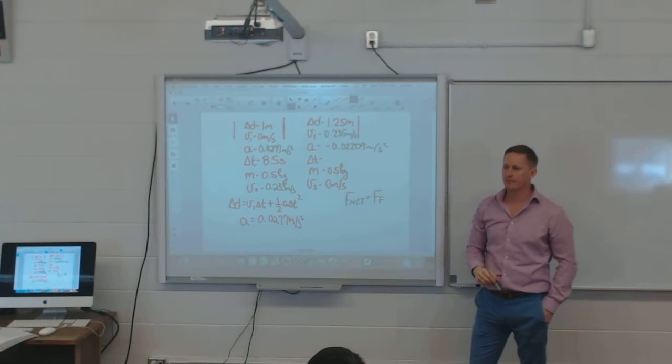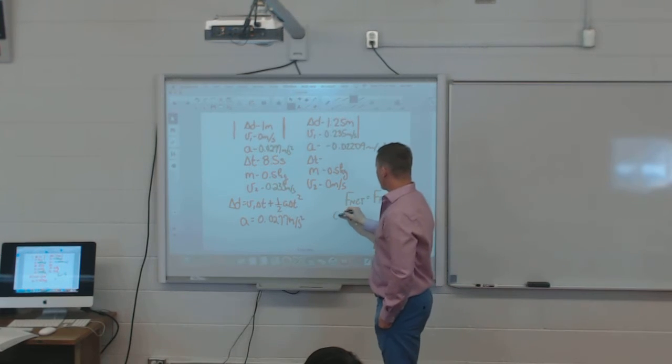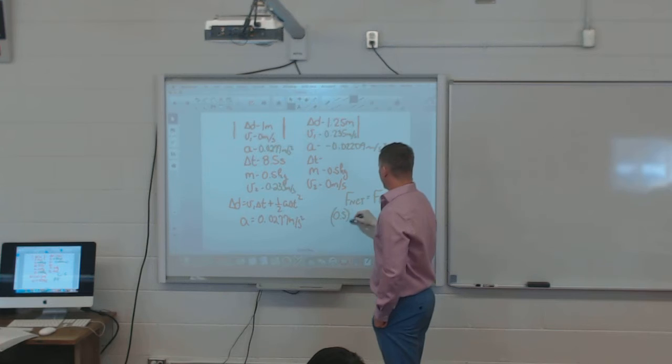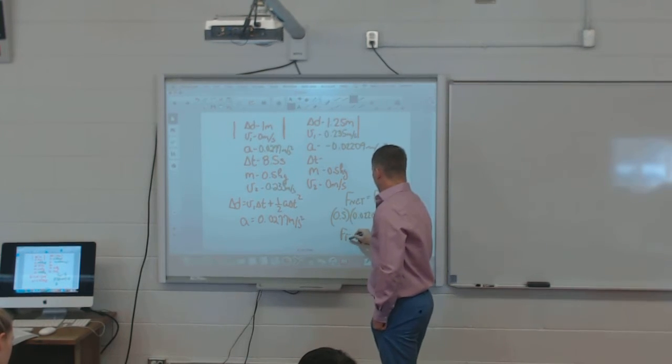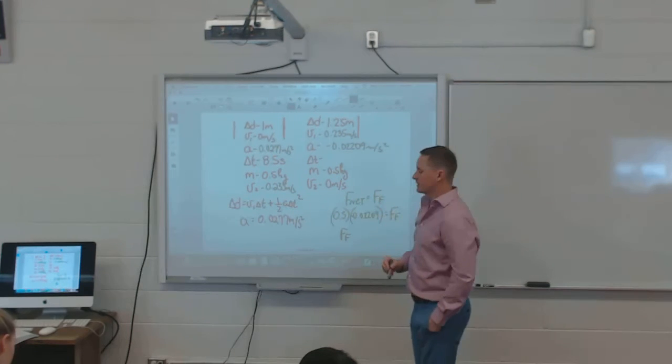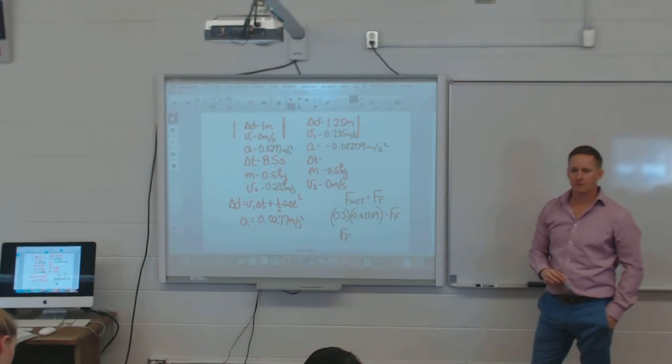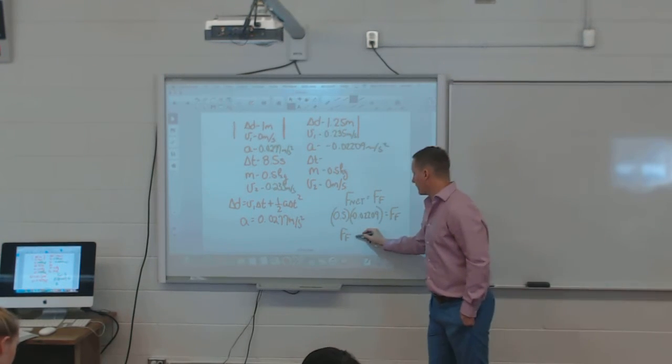And how do I find net force? Mass times acceleration, so 0.5 times 0.02209 is my force of friction. I'm going to add a negative in there because he's slowing down. So what's my force of friction?